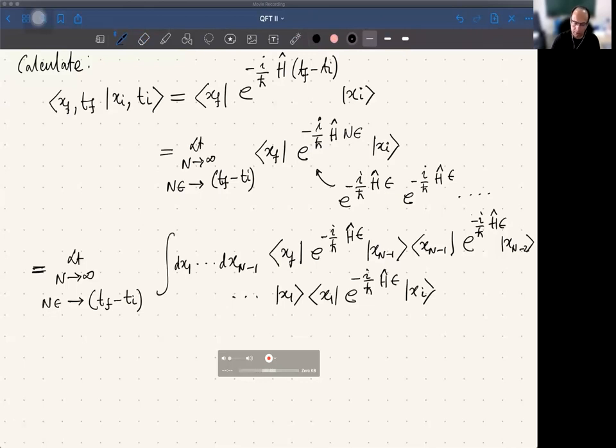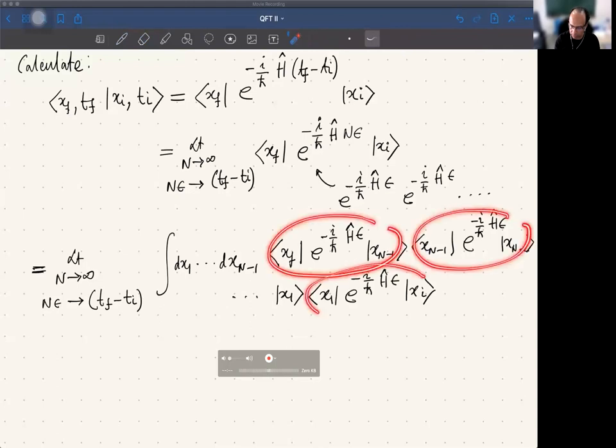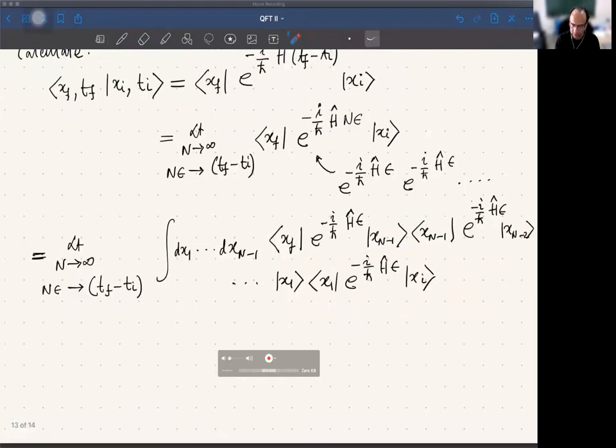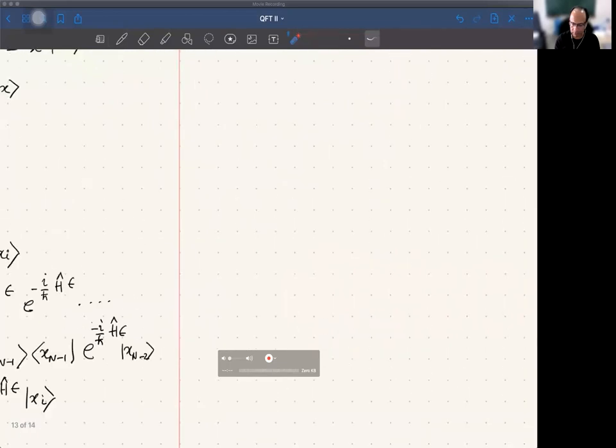Now one has to calculate each one of these matrix elements. This can be calculated in the following manner.